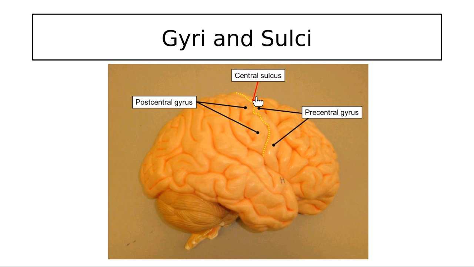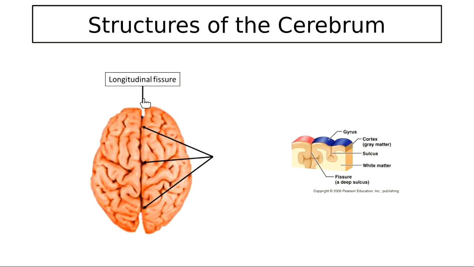And in front, there's another long fold called the precentral gyrus. It's the fold in front of the sulcus. So the fold in front and a fold behind, and they have specific names there. And again, the longitudinal fissure is in between the two cerebral hemispheres, left and right.